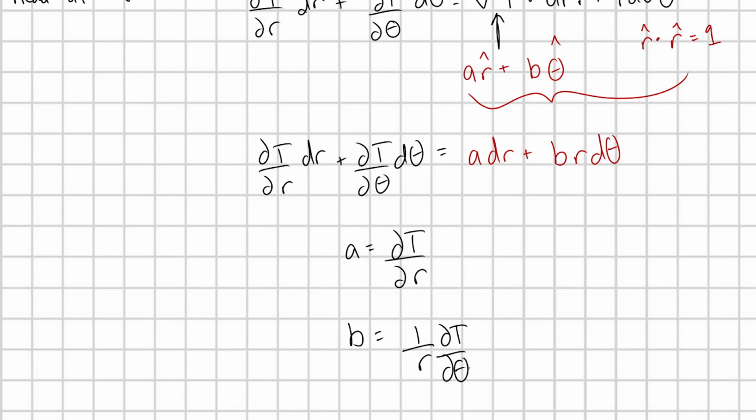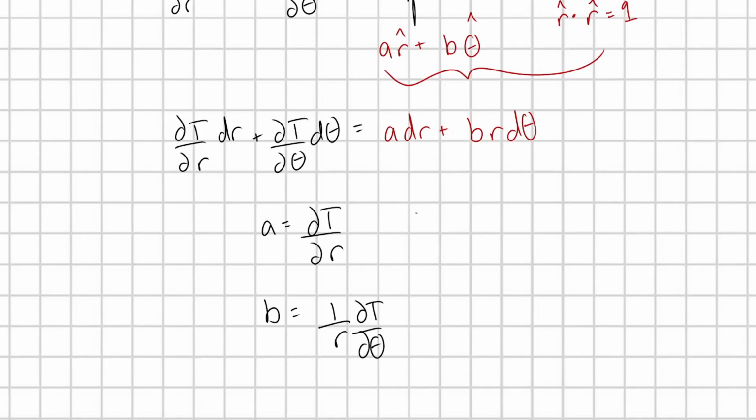You see that? And so the Nabla operator acting on T, in other words the gradient of T, is equal to partial T partial r r hat plus 1 over r partial T partial theta theta hat.